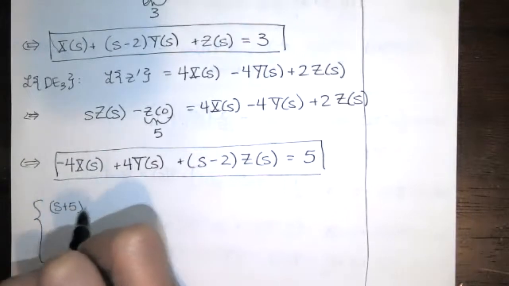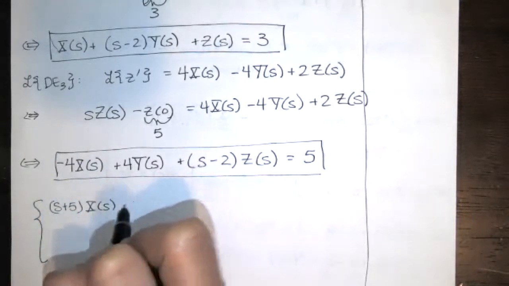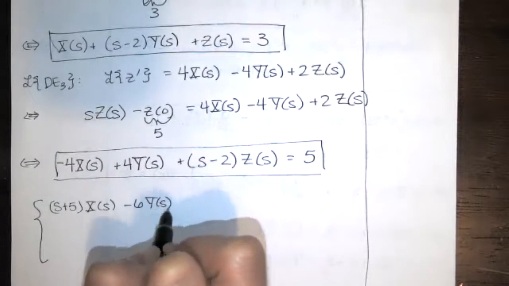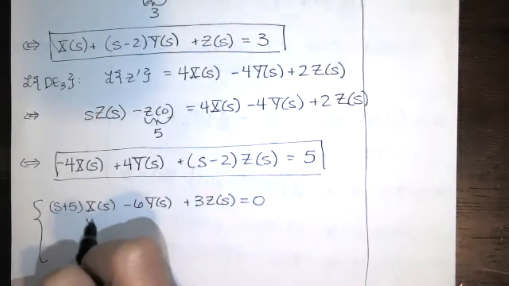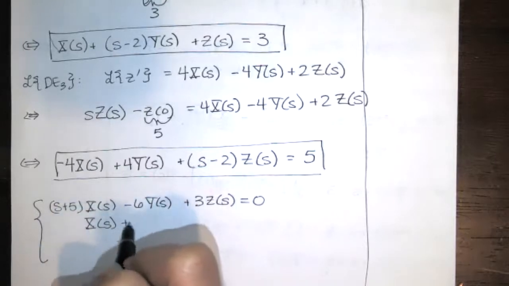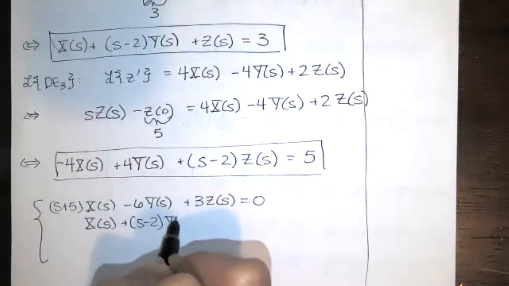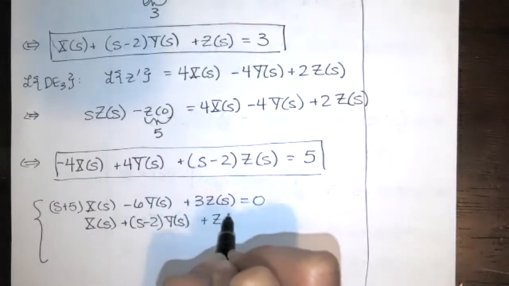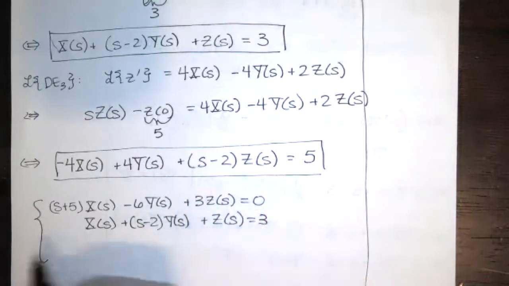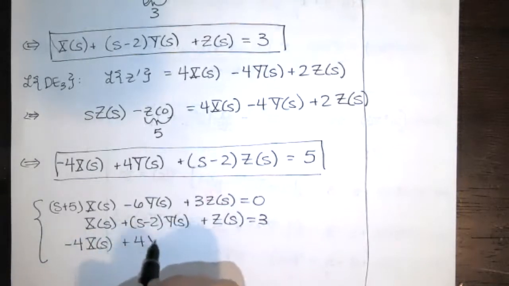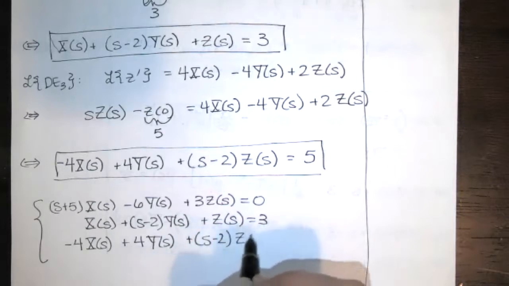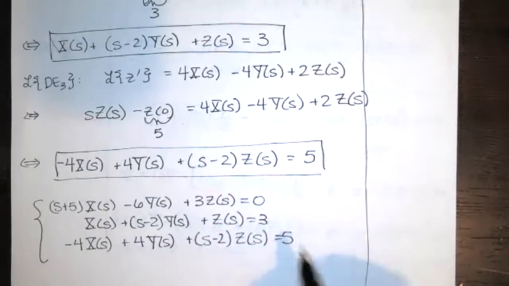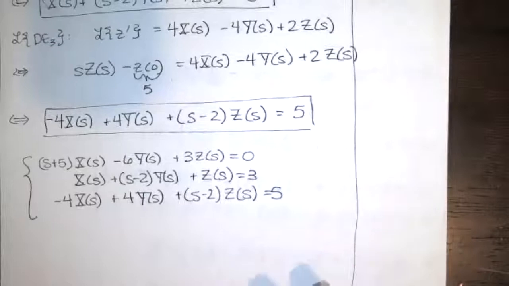S plus 5 times this. And then we have x times this. And then we have -4 times x here, plus this. Okay, so we've got 3 equations and 3 unknowns.